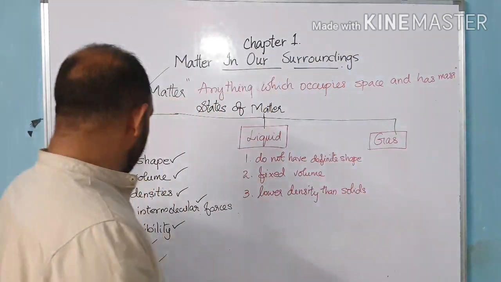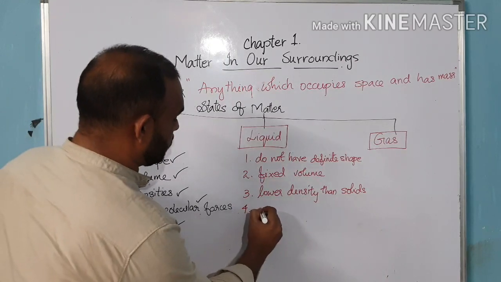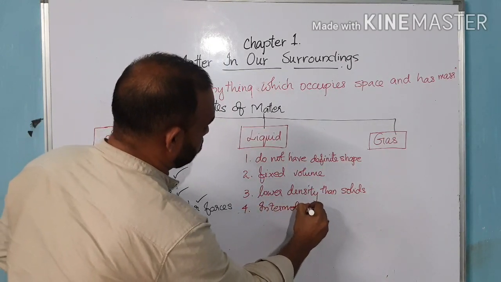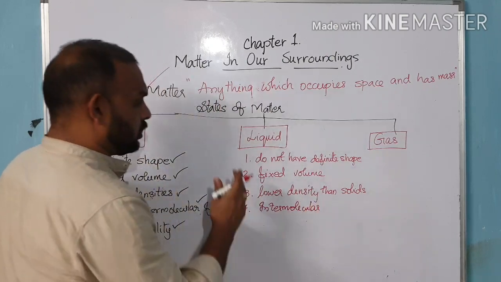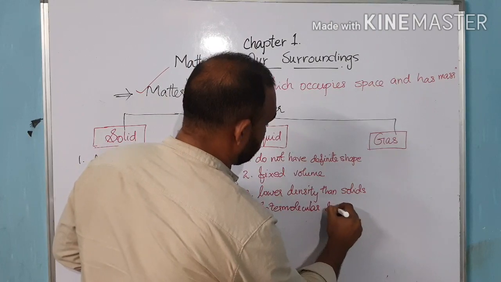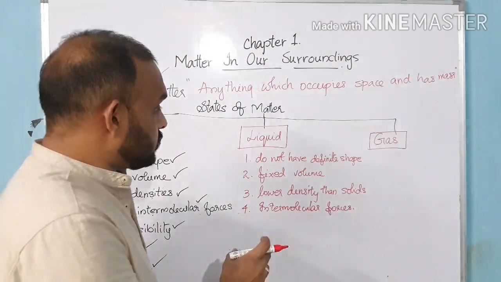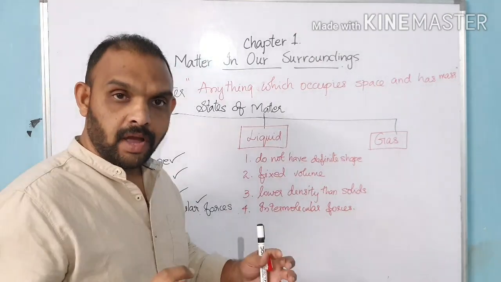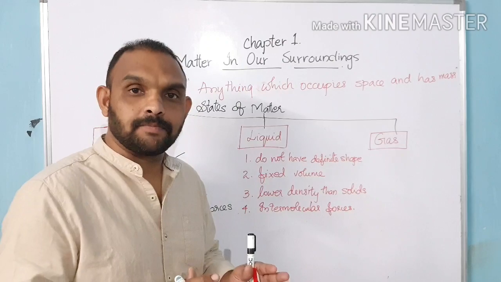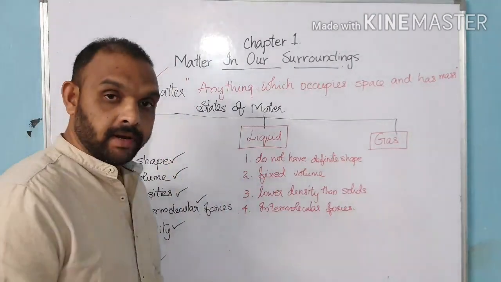Now, the fourth one, that is, strong intermolecular forces. Intermolecular force of attraction in liquids is less as compared to solids. What is the reason? Because in liquids the particles are not arranged so close to each other. They have more space as compared to solids.